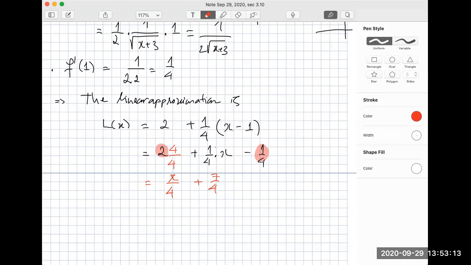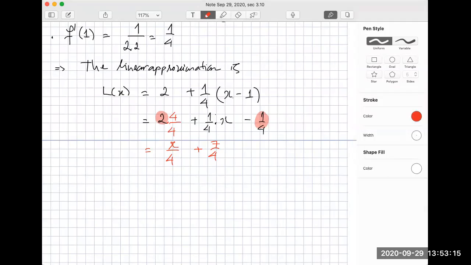So square root of x plus 3 is approximated by this linear equation, and we use this sign for approximate. Very good. It means that we can evaluate the value of the function near 1 by using this linear function formula.